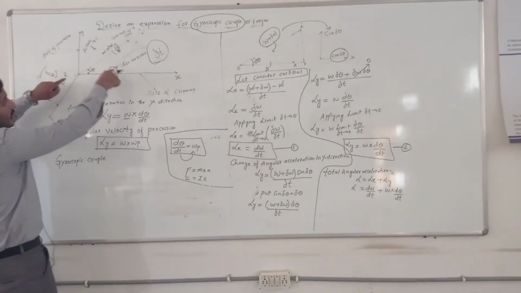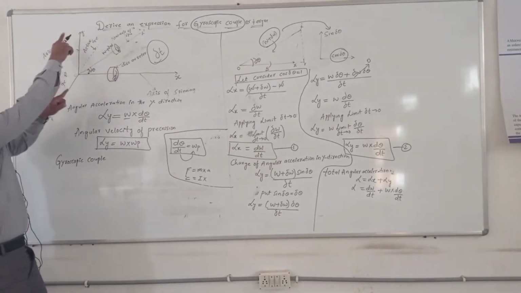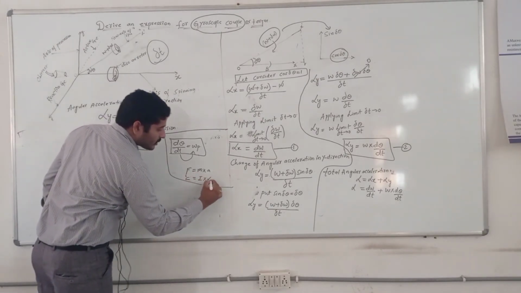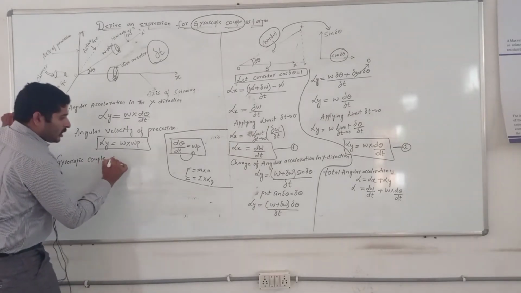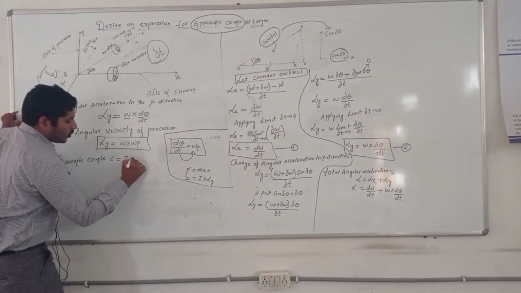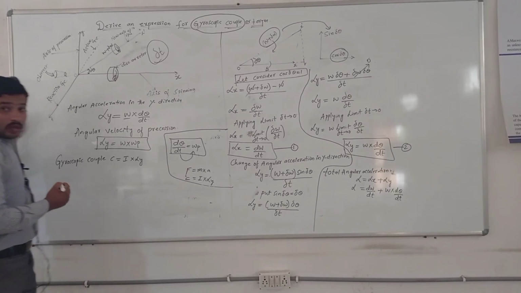The disk is rotated in the vertical direction, so we represent it as alpha y. Okay dear, then C is equal to I into alpha y.